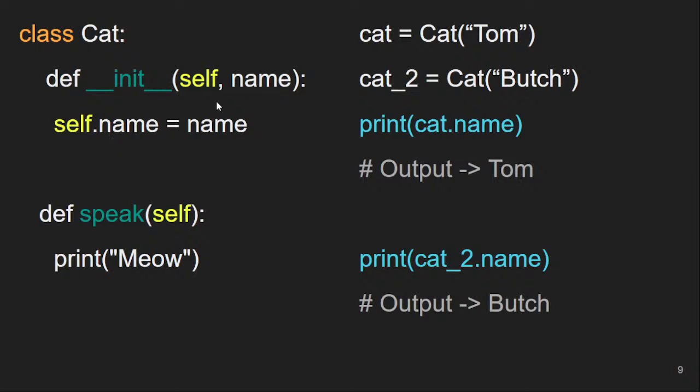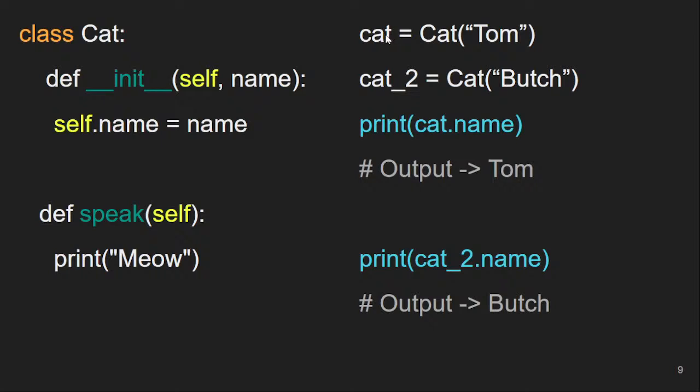All right. So once you've defined this init function, you can now change the way you create objects from the class. So you see here we have cat1 and cat2. These are two objects of the class Cat. For this cat here, we pass Tom as a name. And for this cat here, we pass Butch.